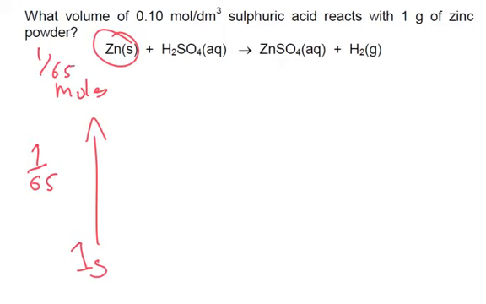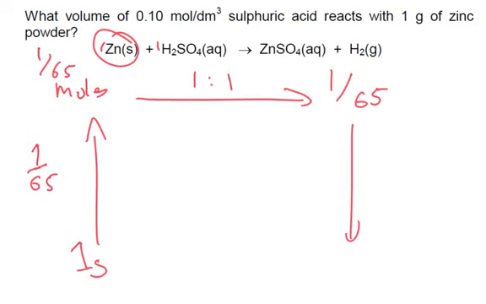Now let's look at the ratio. Well, it's a 1-to-1 ratio, so that makes life easy. So we've got 1 over 65 moles of sulfuric acid. In the last part, we want to find out the volume. Okay, so we need to do 1 over 65 divided by the concentration, which is 0.1.